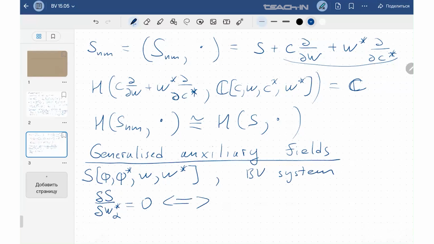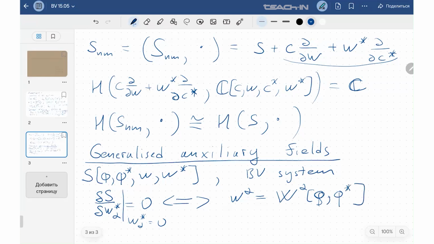But we also need to set W star to 0. If we impose the Euler-Lagrange equation associated to W star and the additional equation which sets W star to 0, what we get is that it can be solved with respect to W. These equations are equivalent to W equal to some, let's say, capital W of phi and phi star.